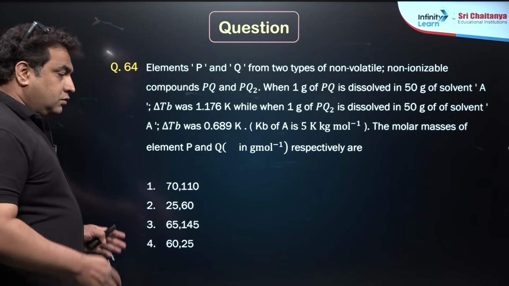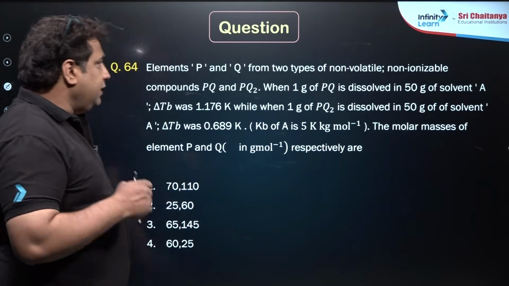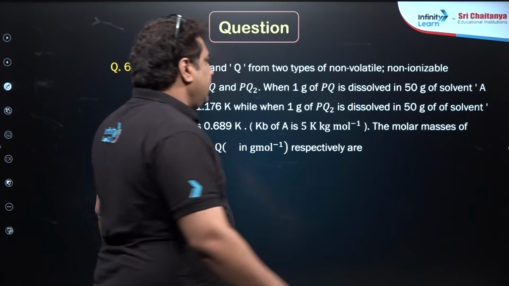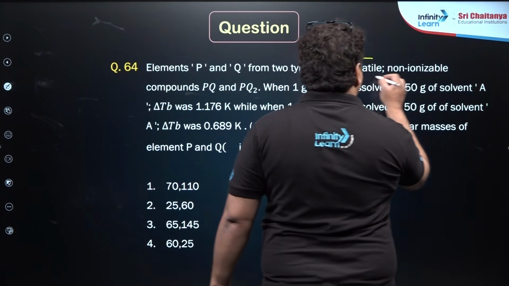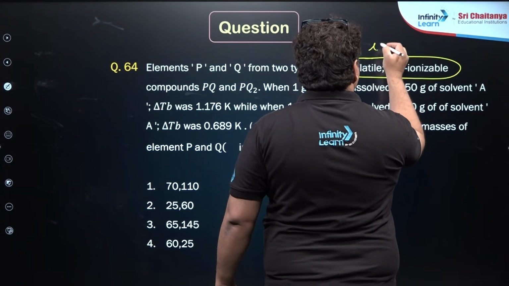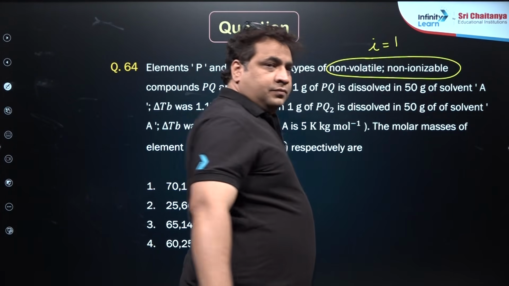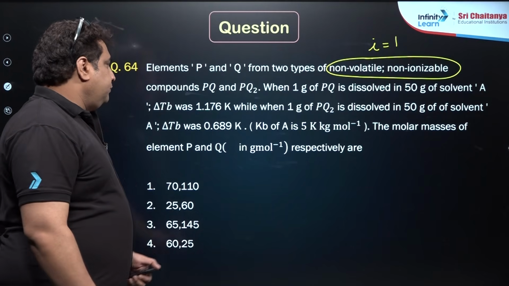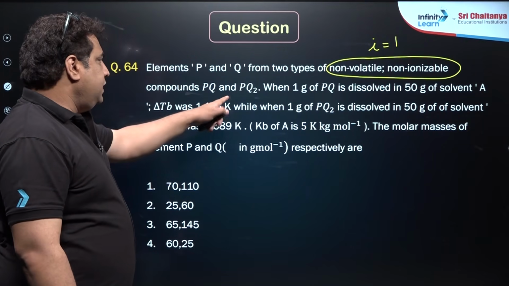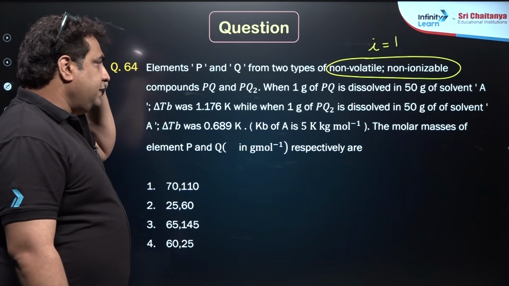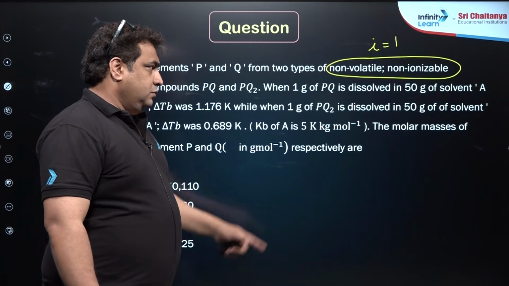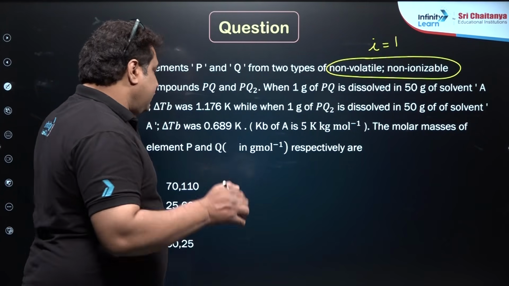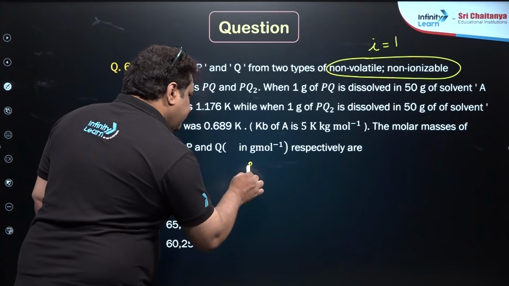Next. Now, this is another question from colligative properties. He is saying elements P and Q form two non-volatile, non-ionizable compounds PQ and PQ2. This word non-volatile, non-ionizable is a hint that the Van 't Hoff factor is 1. When 1 gram of PQ2 is dissolved, he is doing two comparisons here.